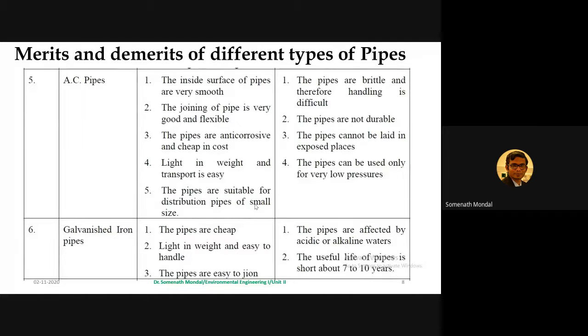Next comes asbestos cement pipes. They have a very smooth internal surface due to which the frictional losses are reduced. Asbestos cement pipes are manufactured from asbestos fiber and Portland cement, combined under pressure to form a dense homogeneous structure, with a very strong bond of cement and fiber.